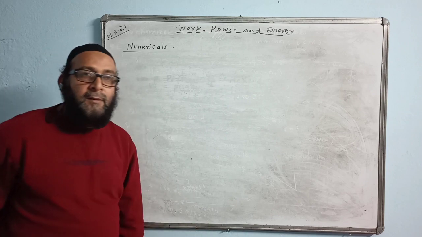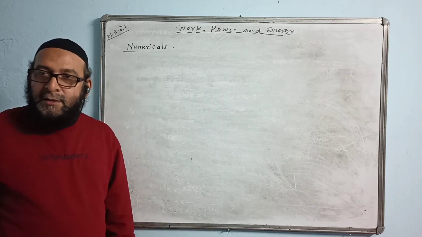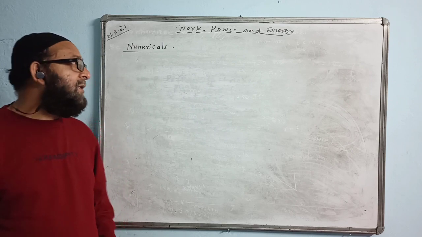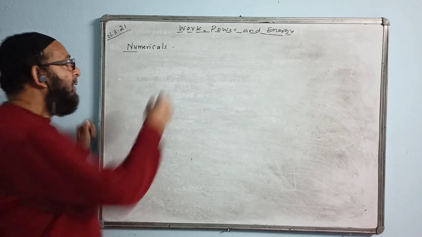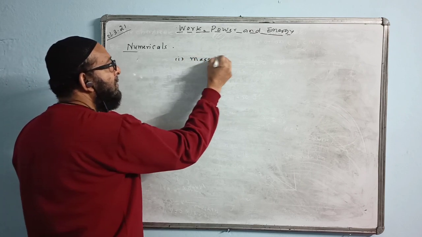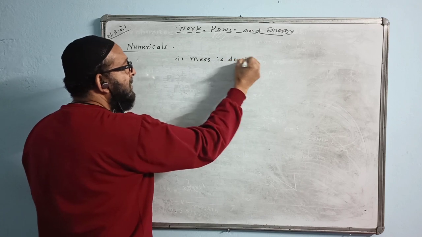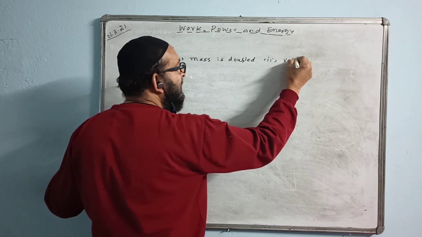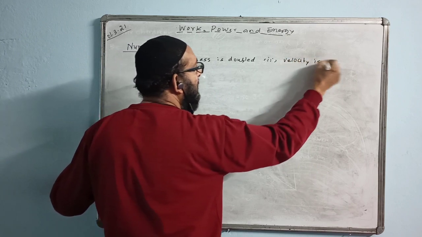They are asking what happens to the kinetic energy of a body in different cases. First case, mass is doubled. What happens to the kinetic energy when mass is doubled? Second case, velocity is doubled.